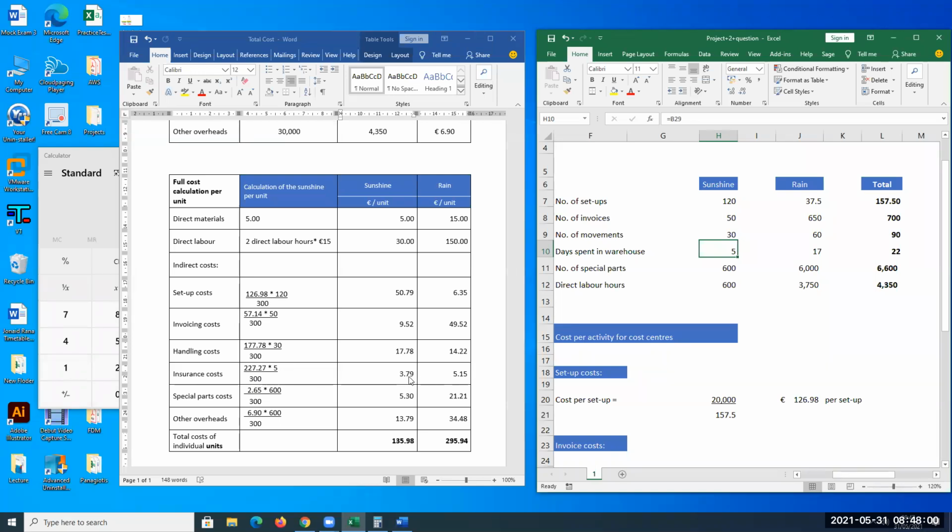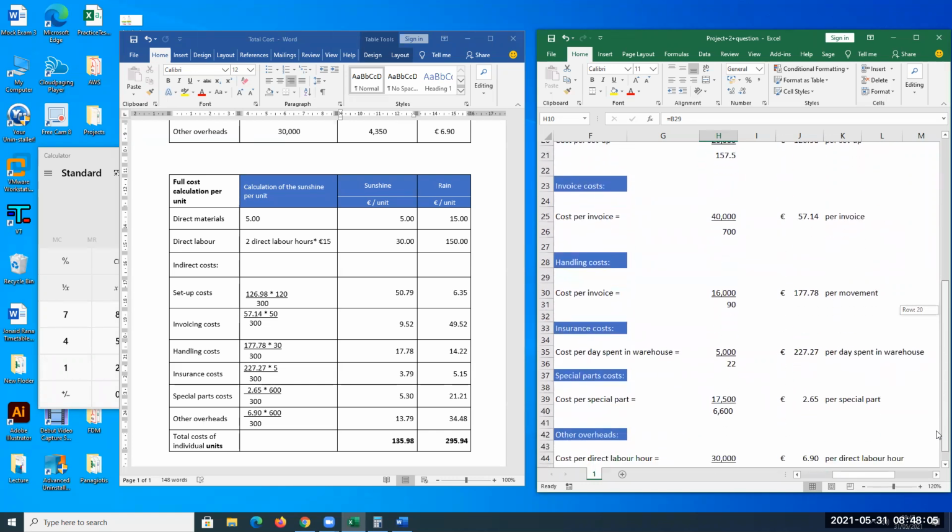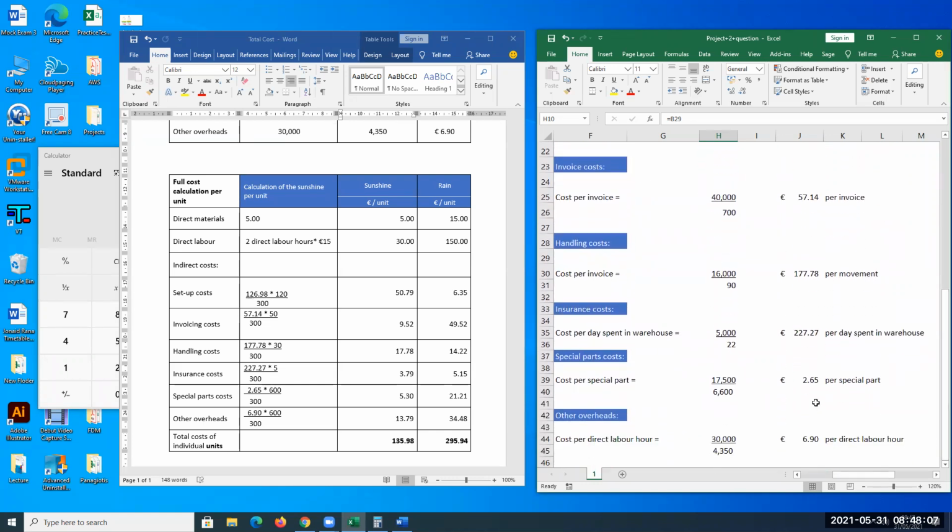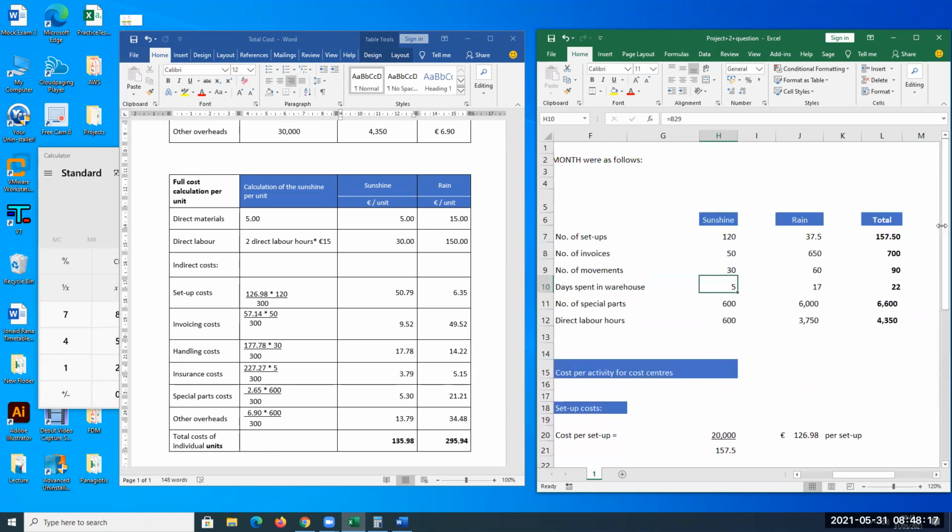This is the unit cost. For special pots, 2.65 euro per special pot. So 2.65 multiplied by how many special pots we need for sunshine? 600. So multiply by 600, divide by units produced, 300. So this is per unit.